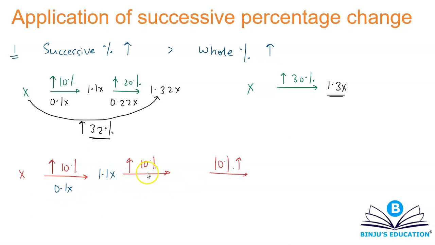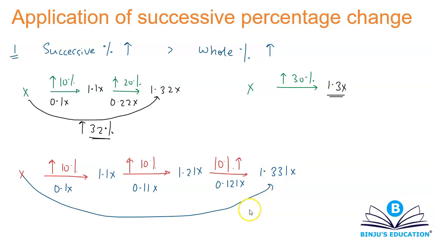Then if you are increasing 1.1x by 10%, this will be increased by 0.11x. So this is 1.21x. And if you are increasing 1.21x by 10%, you're going to increase this by 0.121x. So this will become 1.331x.